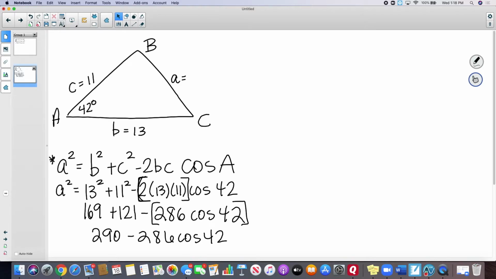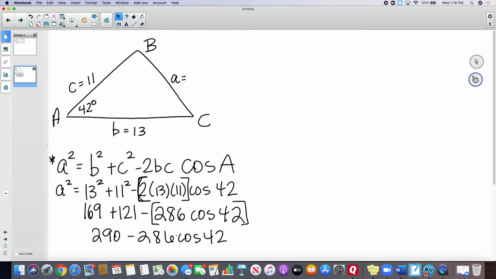Now I'm going to say this more than once. You cannot take these two numbers and subtract them because 286 is being multiplied by cosine 42. And order of operations tells me that I have to multiply before I can add or subtract.